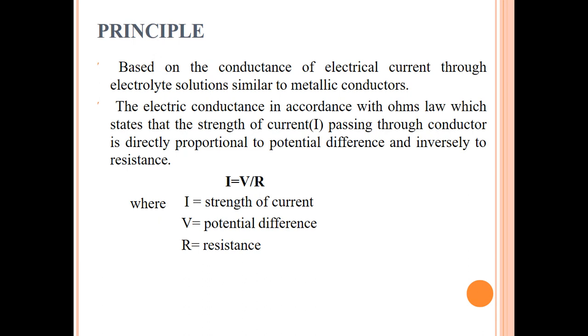The electrical conductance is in accordance with Ohm's Law, which tells us that the strength of current passing through the conductor is directly proportional to the potential difference and inversely proportional to the resistance. The relation is I is equal to V over R, where I is the strength of current, V is potential difference, and R is the resistance.